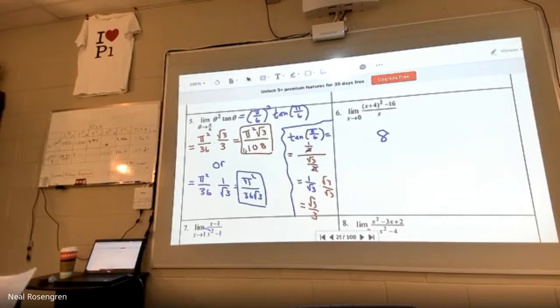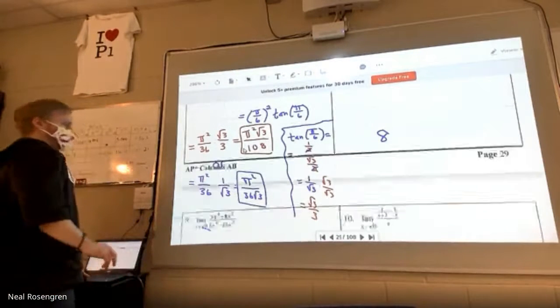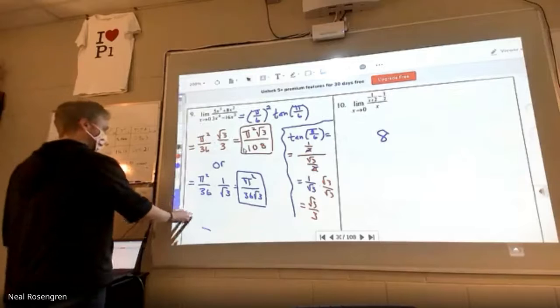But once you do that, now plugging in 0 is no problem. Because you plug in 0 up top, you get a number. You plug in 0 on the bottom, you don't get 0 in either spot because you've taken out that x squared. So the x squareds cancel out immediately? Yep. Here, I'll show you the start of 9.